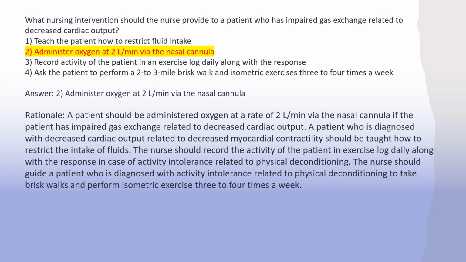The nurse should record the activity of the patient in an exercise log daily along with the response in case of activity intolerance related to physical deconditioning. The nurse should guide a patient who is diagnosed with activity intolerance related to physical deconditioning to take brisk walks and perform isometric exercise 3 to 4 times a week.